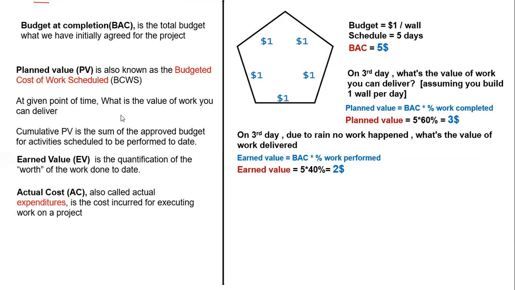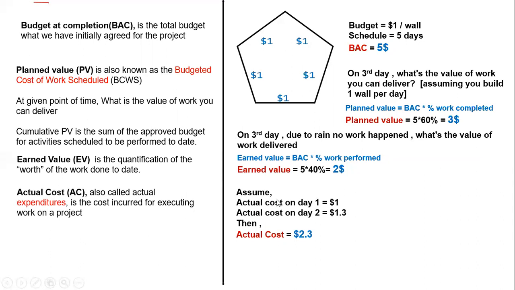Now actual cost. Actual cost is the expenditure or the labor cost that your organization incurs to deliver this earned value, which means your operational cost. So you can say that building the wall on day 1 cost you $1, but building the wall on day 2 cost you $1.3.